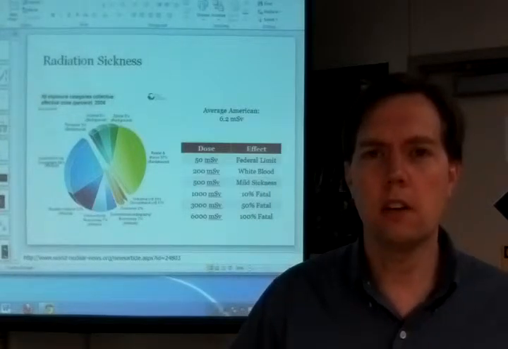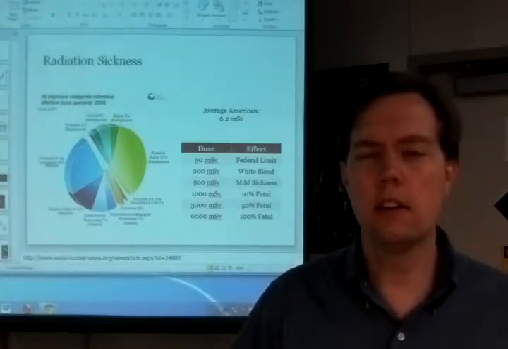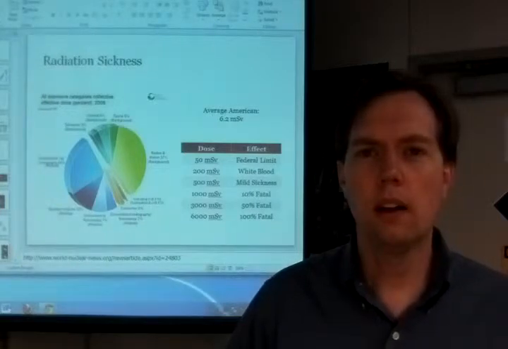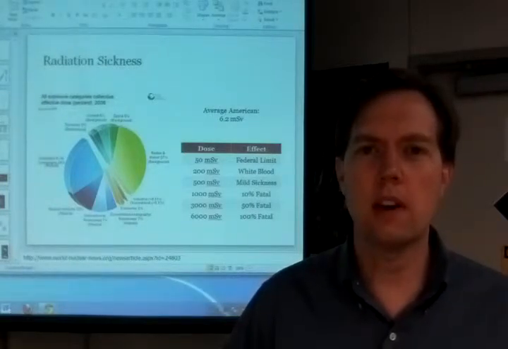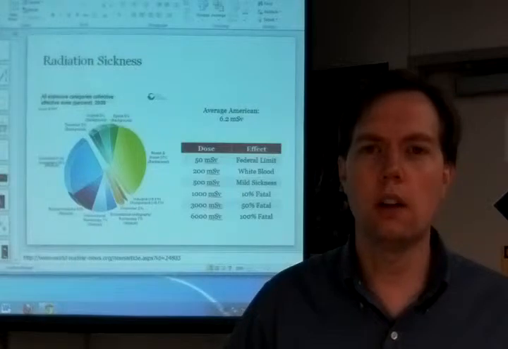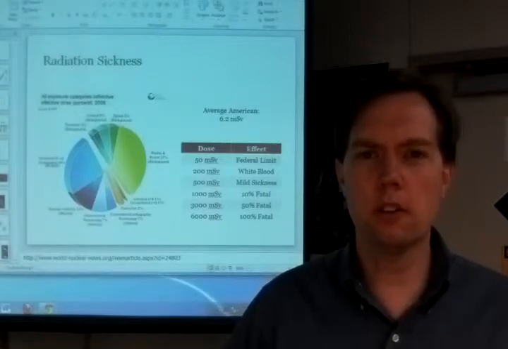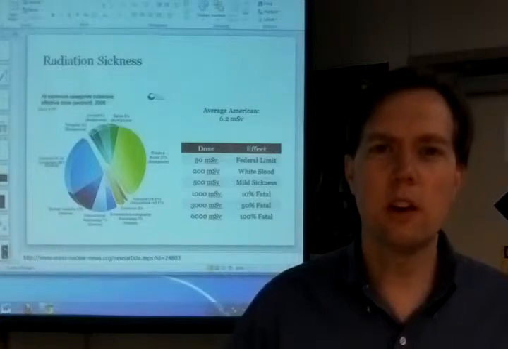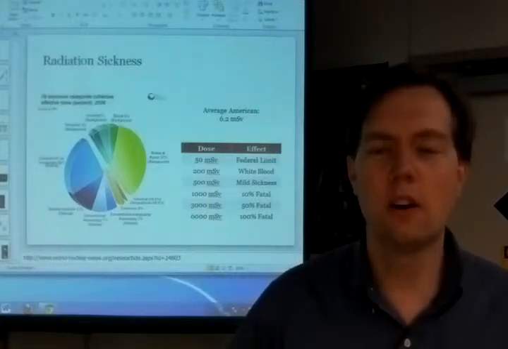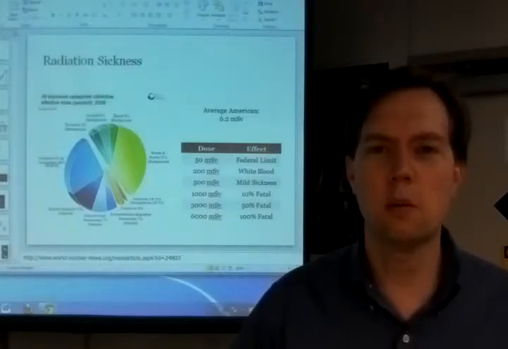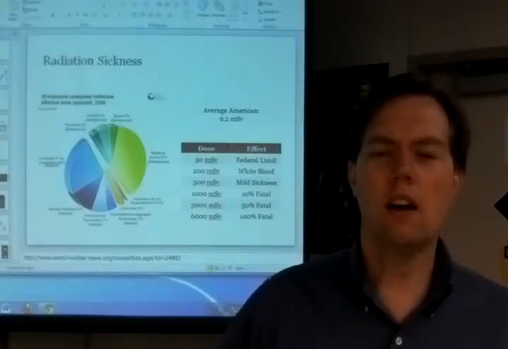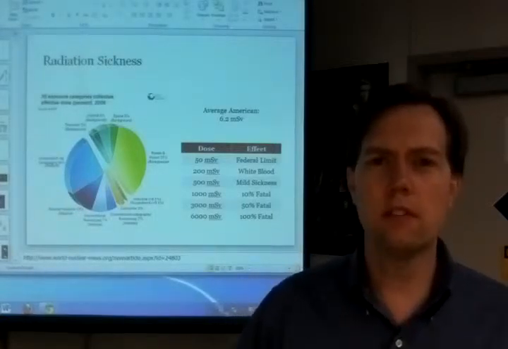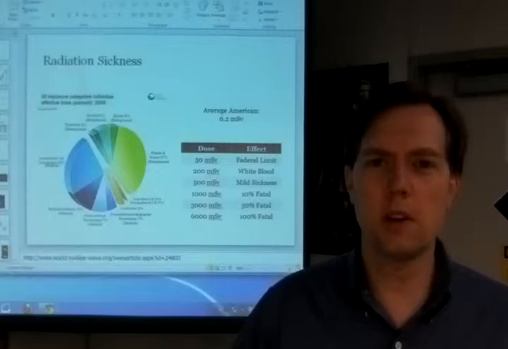Alpha radiation, although very easy to block, is highly damaging because it has that +2 charge on it. The beta radiation, which has a negative charge, also is very damaging. The gamma radiation is less so, even though it's the hardest one of all to block. So, it all kind of varies, and then of course it depends on the biological subject.